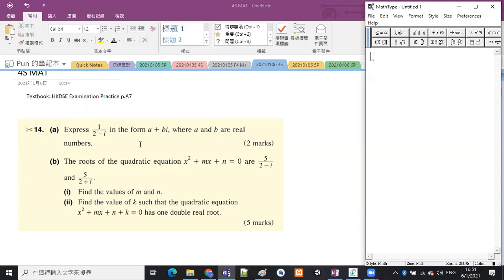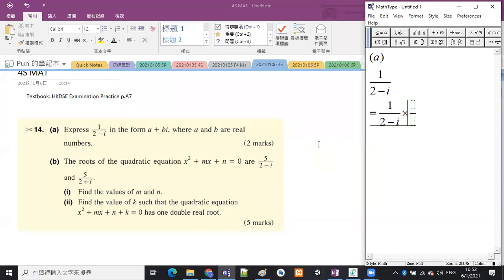Express 1 over 2 minus i in the form of a plus bi, where a and b are real numbers. This is very standard. When you see i numbers in the denominator of a fraction, even though the question did not tell you what to do, you need to do this.